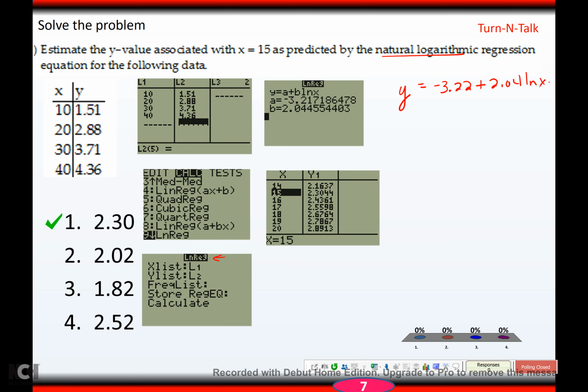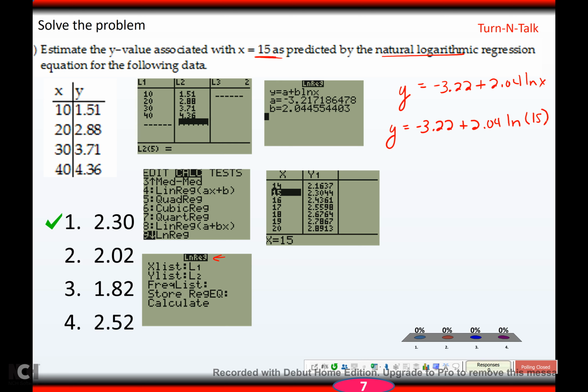All right, so then it wants me to figure out, if I do it algebraically, what it would be when x is 15. If I plug in 15 for x, I have negative 3.22 plus 2.04 ln of 15.